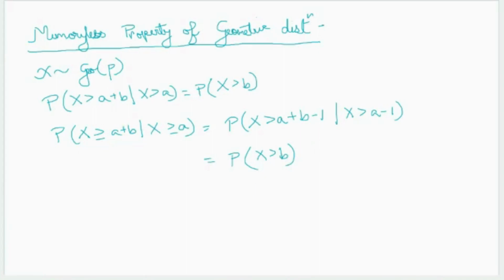So, which is not equal to probability x greater than equal to b. Okay, you can also try this out by simply writing down the probability x greater than a plus b divided by probability x greater than a, and you can simply write down the PDF at each point and then do an infinite summation and figure it out. But I thought this would be more of an elegant proof in this regard.